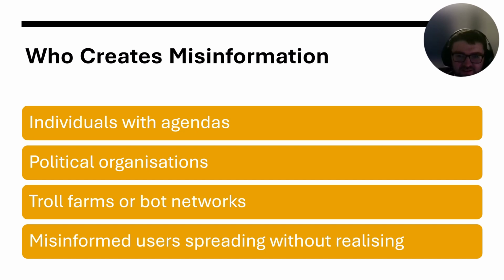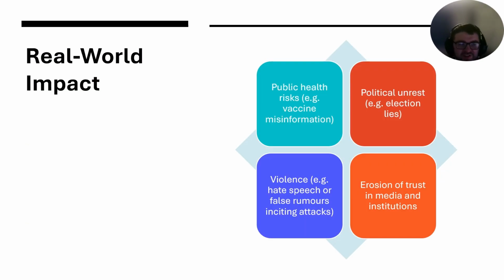So what may be the real world consequences and impact of misinformation campaigns? There can be several, such as public health risk regarding, let's say, vaccine information. People might start to refuse them because of wild false claims about what is in vaccines and what they might do to your body. Political unrest, which is caused by lies around election time.